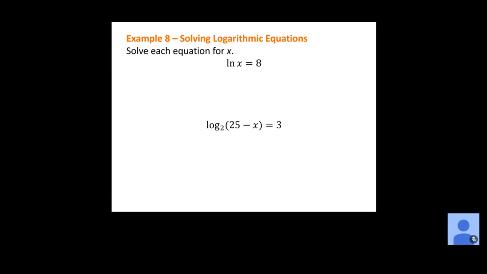All right. So let's take a look at example 8 here. So we're trying to solve this equation for x, and we got natural log of x is equal to 8.